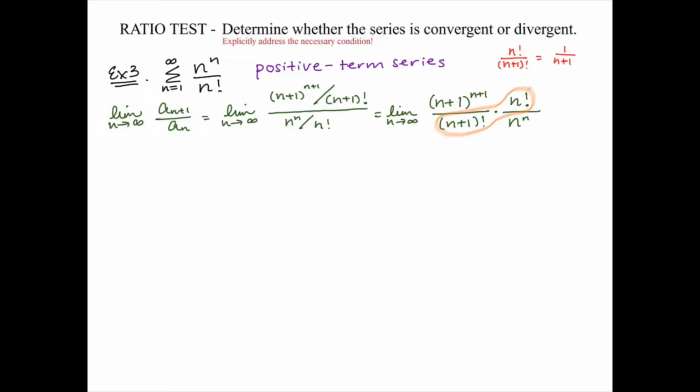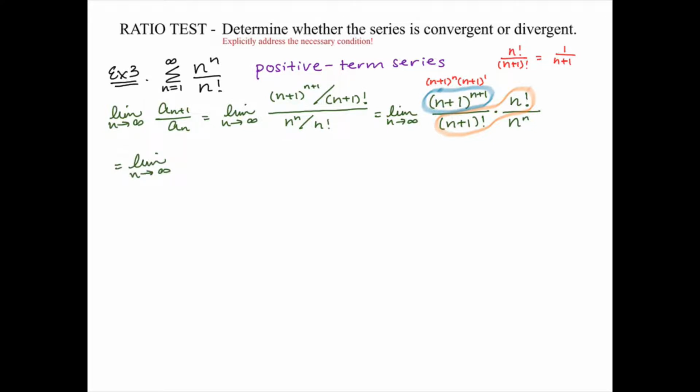Then I'm going to take a step and rewrite (n plus 1) to the n plus 1 as (n plus 1) to the first and (n plus 1) to the n. Okay, so let's make those changes. That gives me the limit as n approaches infinity.